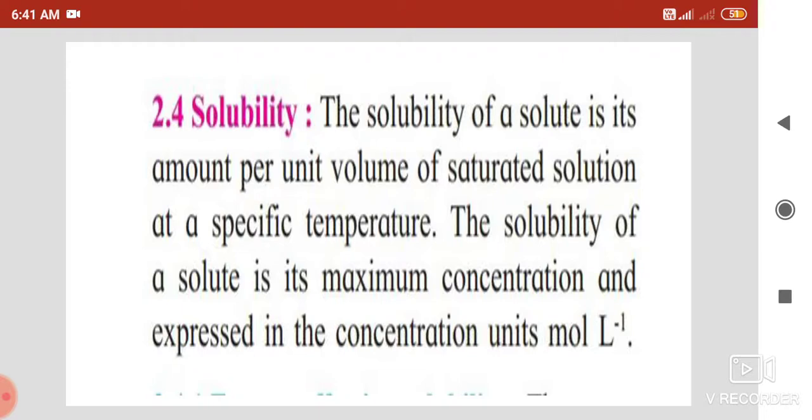Here the solute dissolves in the unit volume of the saturated solution at a specific temperature, and this is called solubility. Solubility is expressed in concentration units, moles per liter.